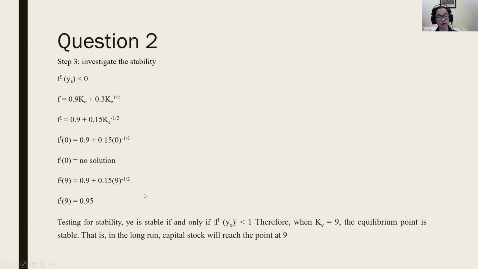So what does 0.95 actually mean? For testing the stability, K_e is said to be stable if and only if the absolute value of f prime at K_e is less than 1. Therefore, 0.95 is less than 1. Therefore, when K_e equals 9, the equilibrium point is said to be stable.